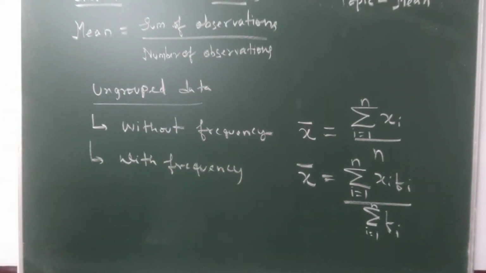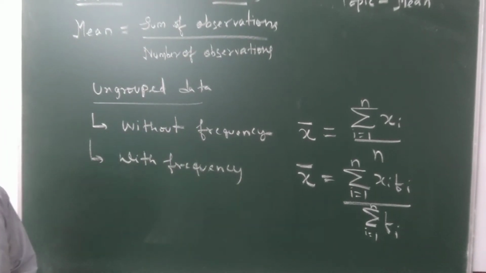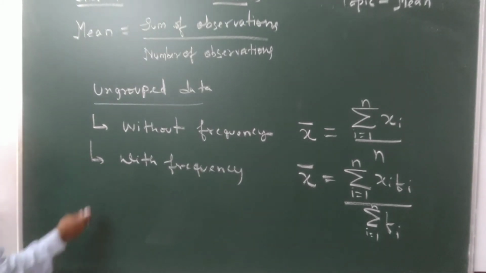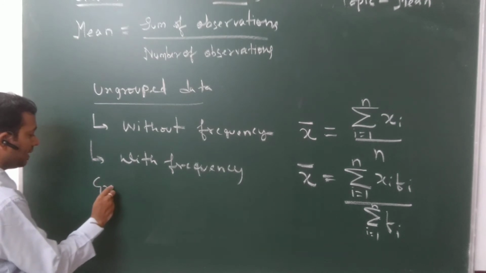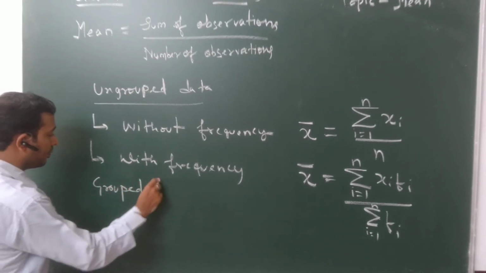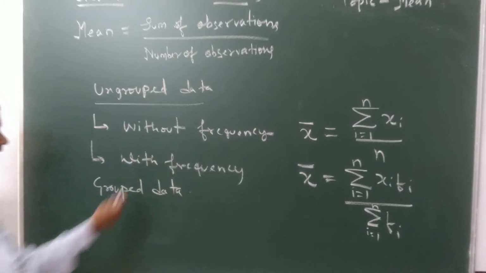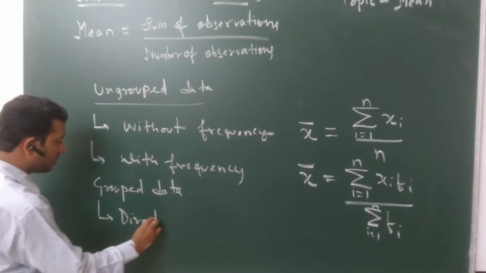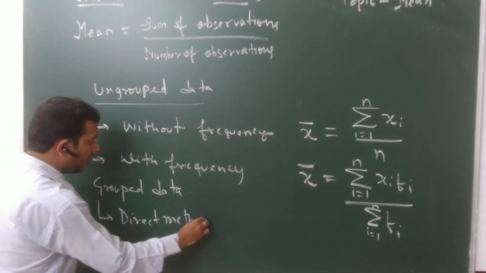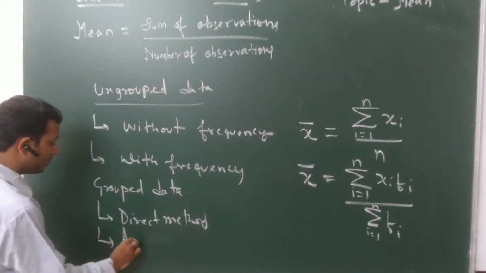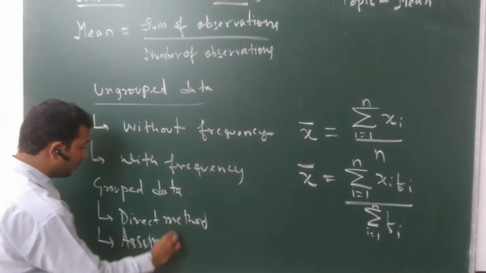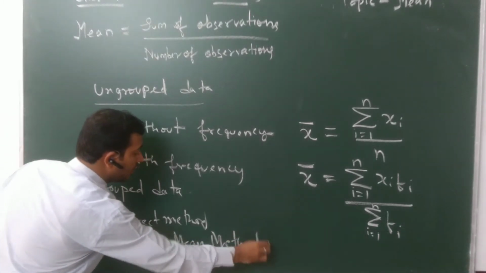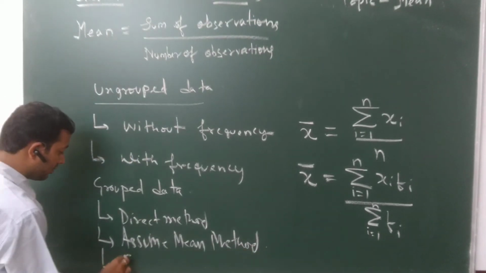We have this in our target for class 9, and if we go for class 10, we have grouped data. In that case we have one formula that is the direct method, another is the assumed mean method, and the third one is the step deviation method.